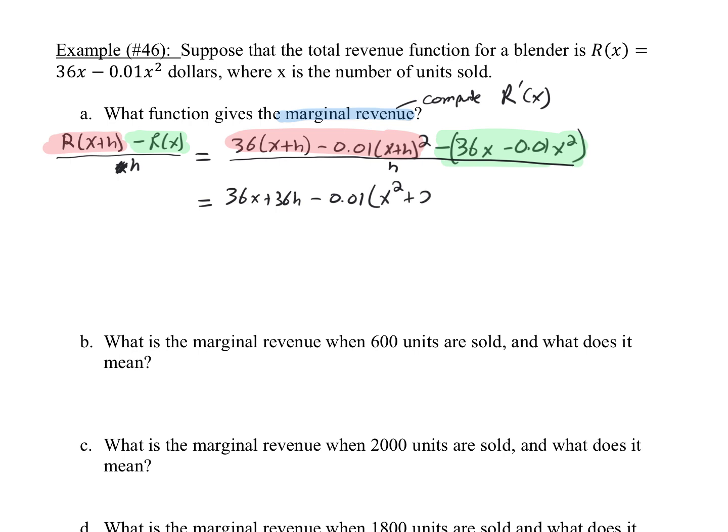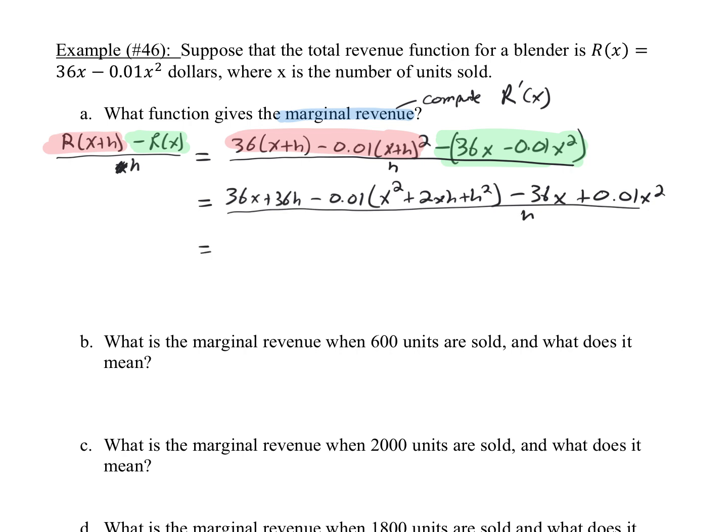It was x squared plus 2xh plus h squared. Minus, I'll distribute the negative sign into parentheses as well. So this is minus 36x plus 0.01x squared. Do keep track of how this negative sign affects everything inside of those parentheses. All right, this is all over h.